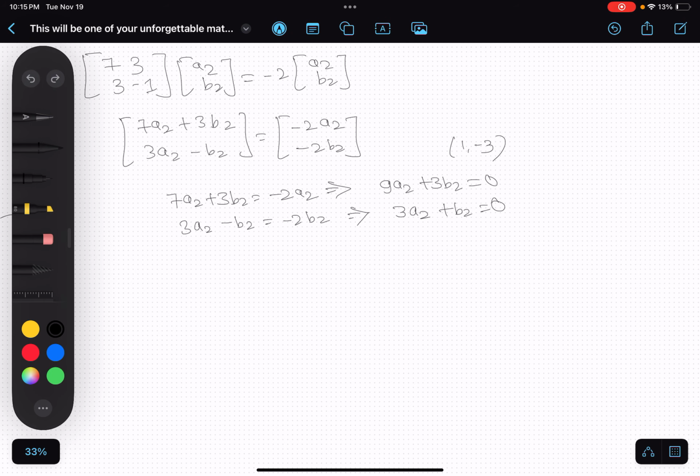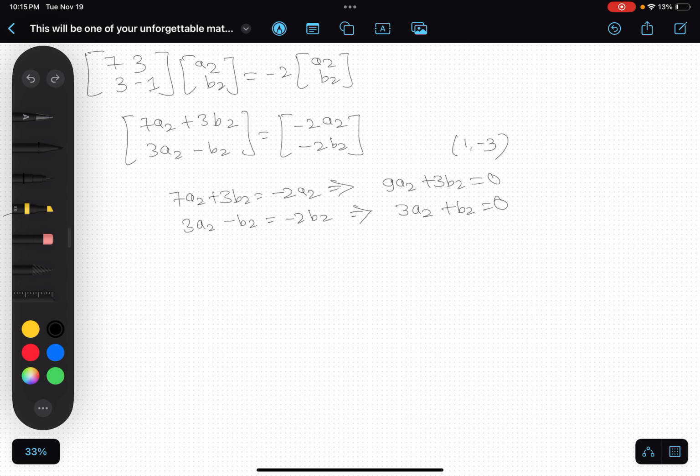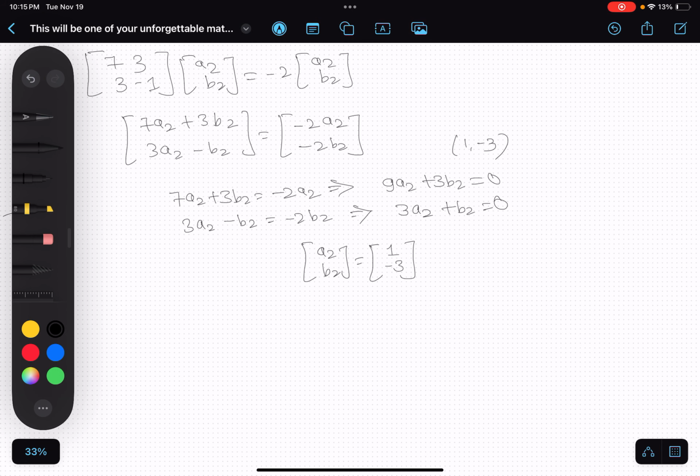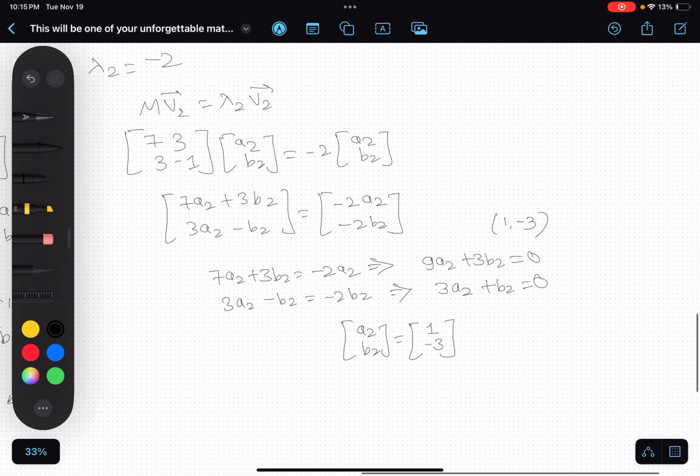Any of them would basically work, but we don't need them. So we got that this vector a2 b2 is just 1 minus 3, and this is for the case where lambda 2 is negative 2, right?